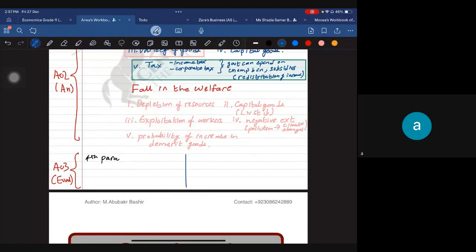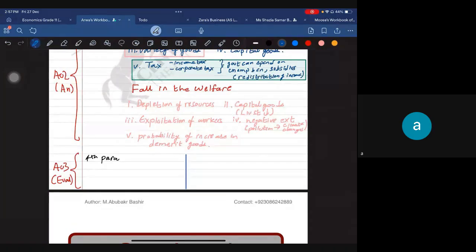I think for this one I might choose the raise in welfare because I feel I'll be able to evaluate that better. I'll write that even though it can cause a fall in welfare, I'll mention maybe two of the points which I did not mention in the analysis.